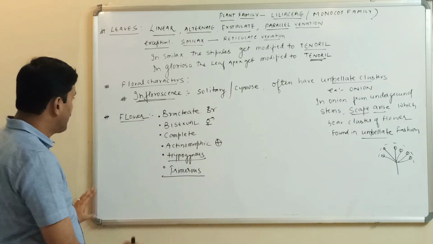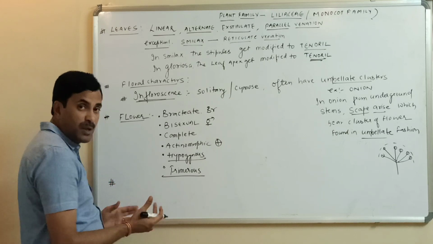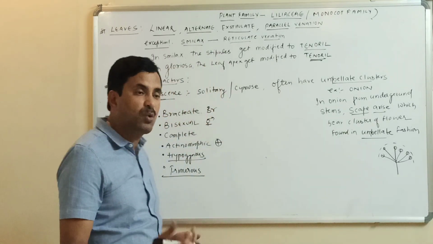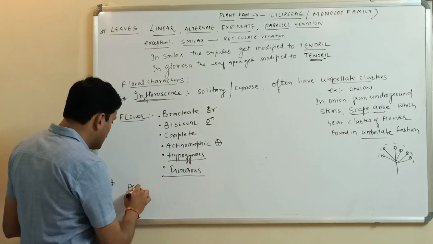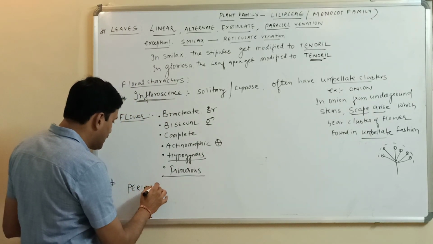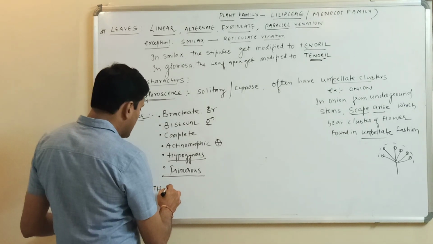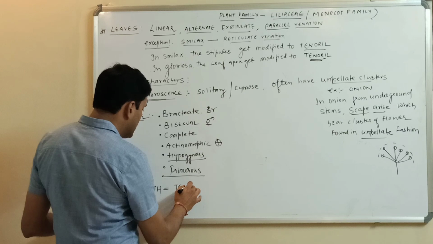And now after the flower, what will come? Because we know very well that there is no differentiation between the calyx and the corolla, we will be writing perianth, and perianth is denoted by P, and the unit of perianth is the tepal.